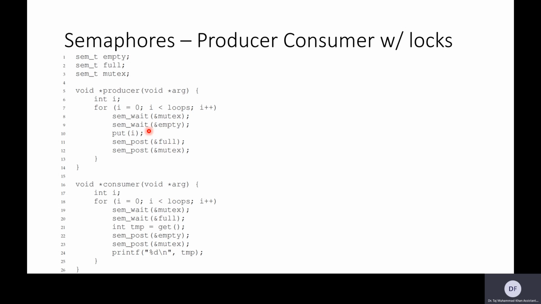So the producer thread is waiting for the consumer thread and the consumer thread is waiting for the producer thread. They both are waiting for each other and none of them can progress until the other has made some progress.